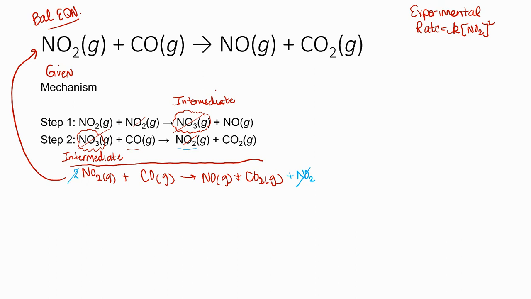So if you like that better, that's fine. Either way that you want to think of it, I'm going to erase it, but because I think it's just easier to look at it from the original two steps. Okay, so each of these steps is what's called an elementary step.